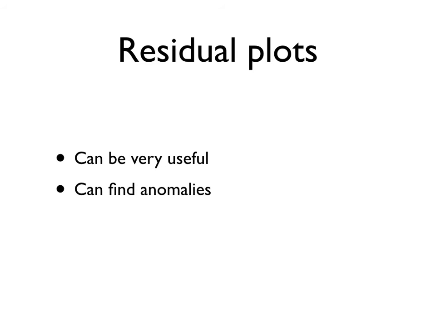You can find anomalies, like you might find some weird coded number that doesn't look right, so you have to remove that record. A lot of this is exploratory data analysis. Or you might find that you have a curve and not a straight line. So nonlinear relationships.